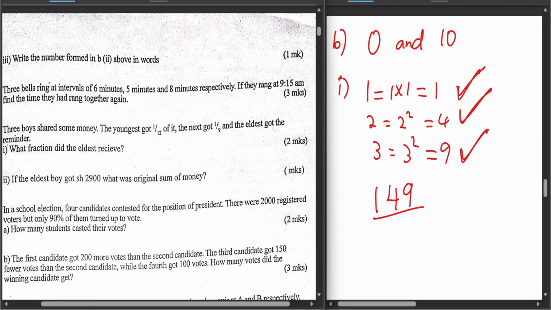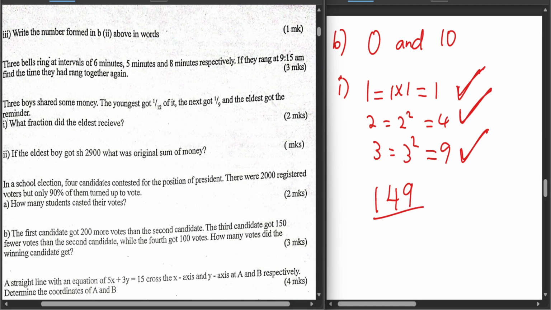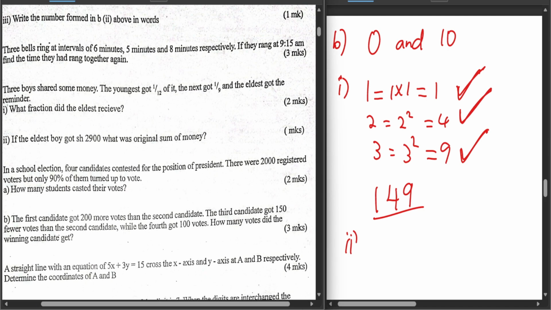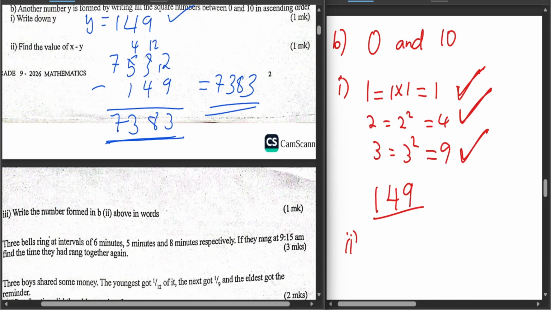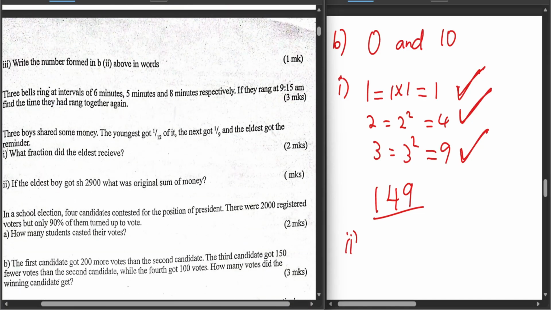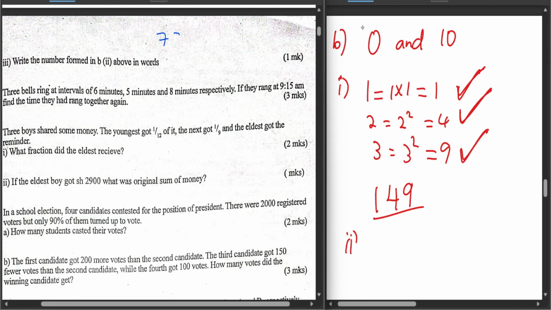Now write the number formed in B Roman 2 above in words, and that is 7,383. Remember, it's 7383. So in words, 7 is in the thousands position, so 7,000.